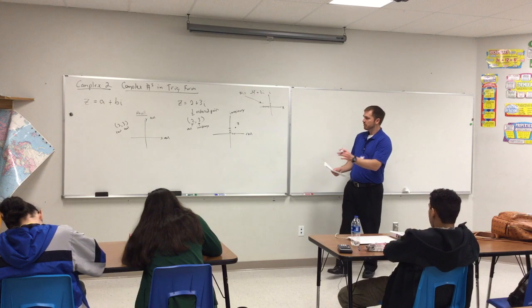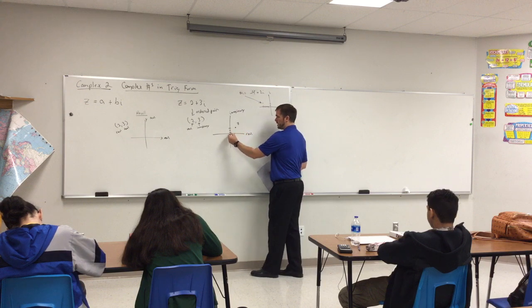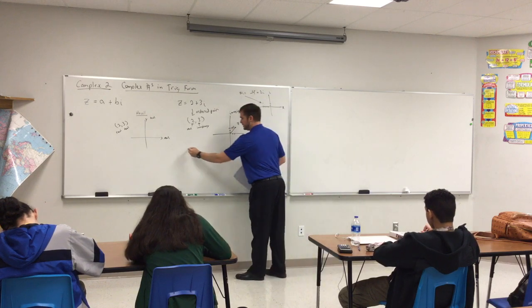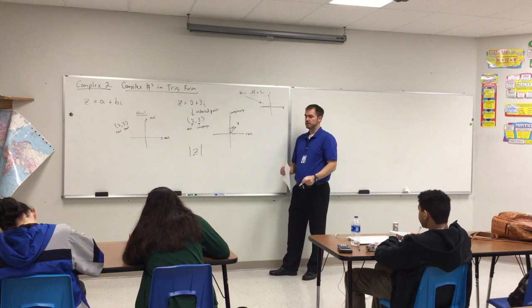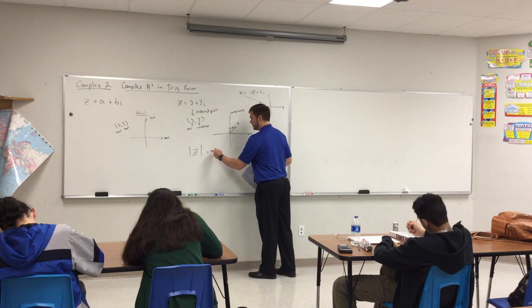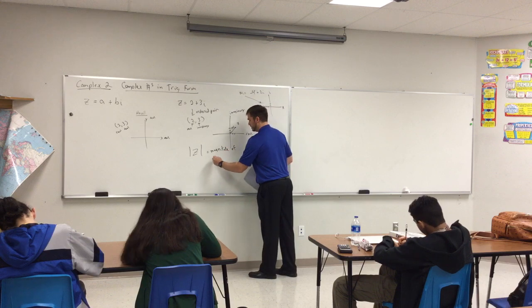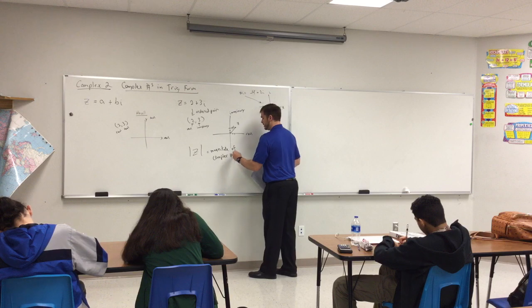What we can do, because this is a point, is we can talk about the magnitude of a complex number. So we can put those magnitude bars around it, and we would say that equals the magnitude of complex number z.